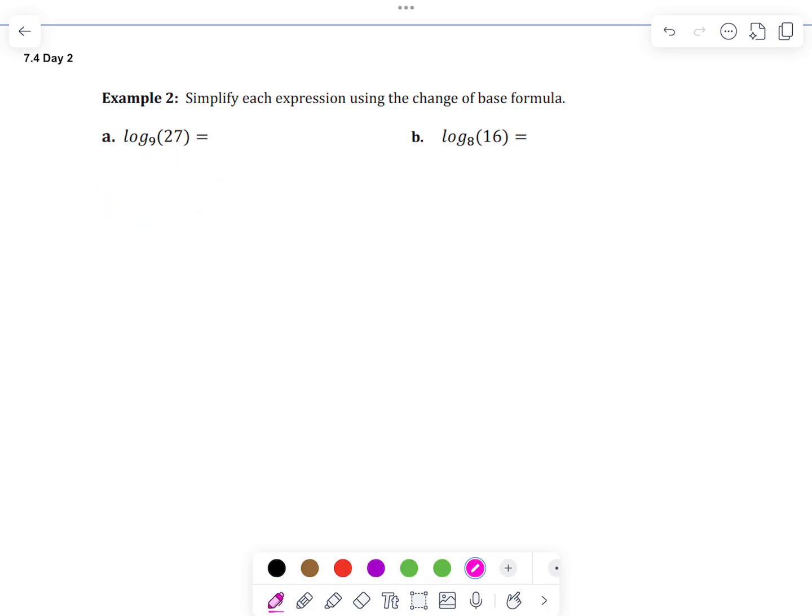So instead, we use our formula, and we're going to change it to base 10. So how we do this is we're changing it to base 10, so I have a logarithm, and how I remember this is this number is higher, so it goes up on top. That's your numerator.